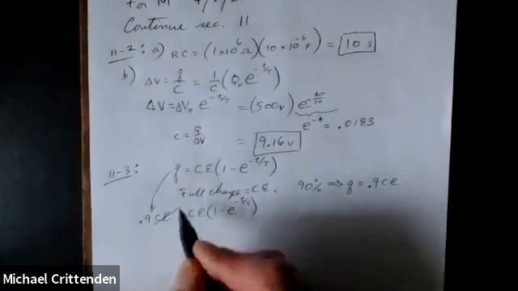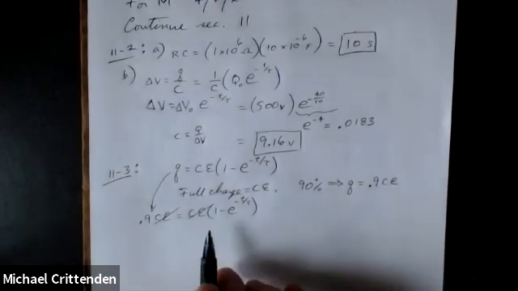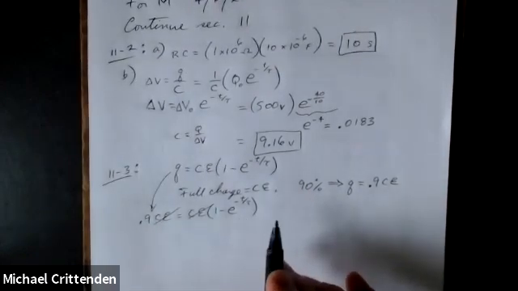And you divide both sides by CE, and that's gone. So 0.9 equals 1 minus the exponential.